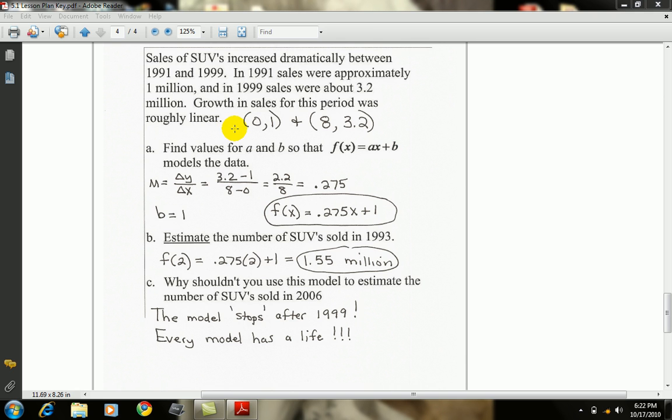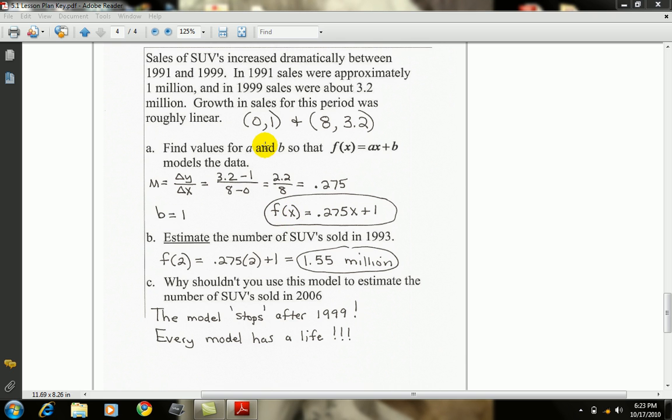Now, what I want you to remember from past problems that we've done like this, we're going to let x be the number of years from 1991. And we're going to let y, which is the output, be the number of SUVs that were sold. But instead of writing out 1 million with all those zeros, why don't we just say that our answer is measured in millions?